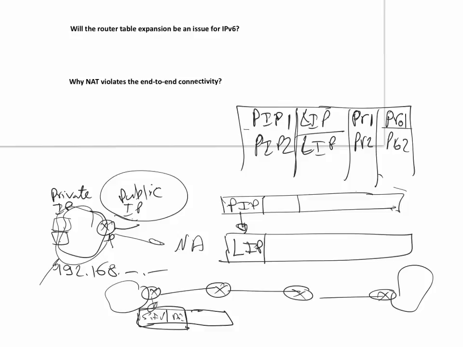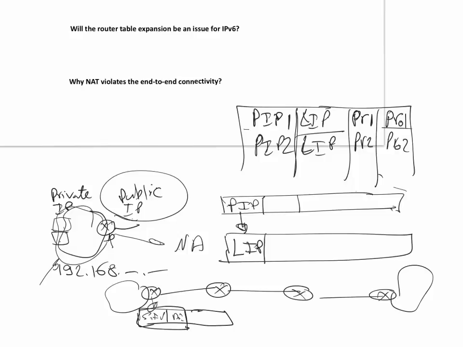Had to violate the uniqueness, end-to-end connectivity, and it had to read the port number from the segment in the transport layer at the network layer in order to change it to the public IP and another port number. They had to do severe changes, they are ready to change and do whatever they want.